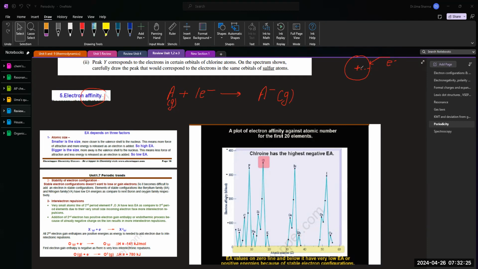There's a positive negative attraction. So new attractions are made. So is electron affinity exothermic or endothermic? The electron is making attractions with the nucleus. It is exothermic. This is a question in the examination. Heat is released.